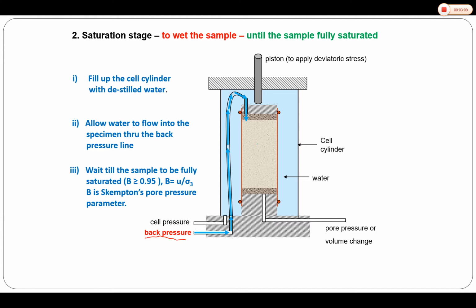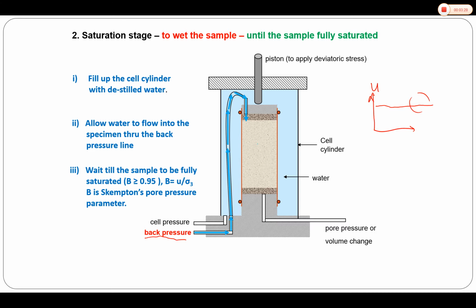Okay, and also the graph of that process akan tunjuk constant, maknanya the graph tu akan bagi nilai constant. Kalau ini U, so dia akan tunjuk nilai constant. So bila dah constant, maknanya we dah achieve the fully saturation stage.